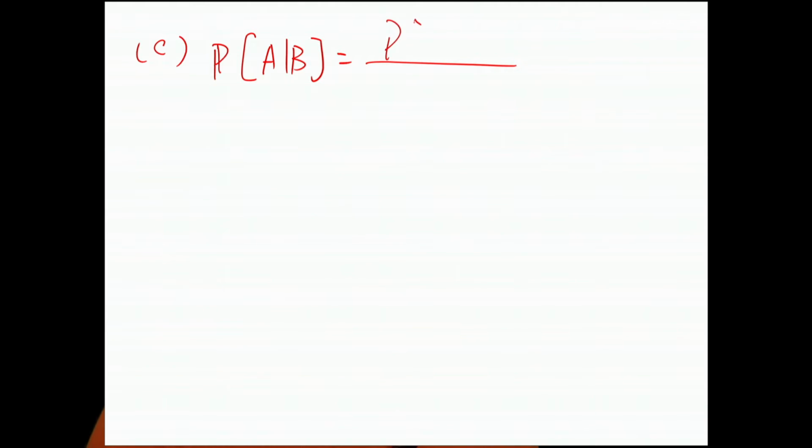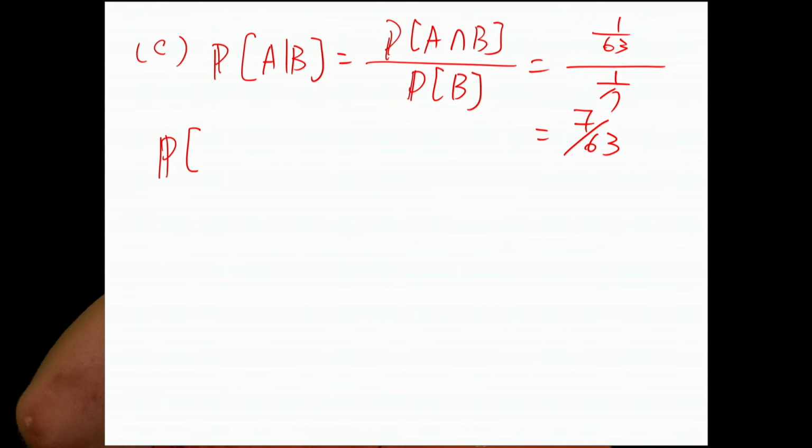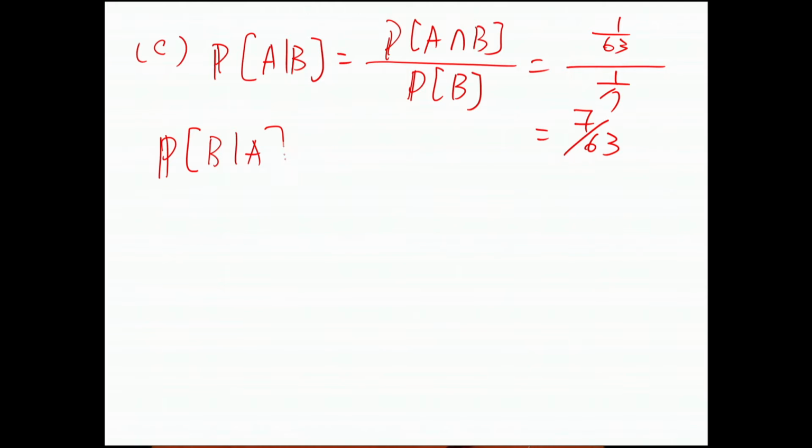The formula is the probability of A intersection B divided by the probability of B. We have those answers, so the final answer is 7 divided by 63. Since we have already found each probability, and the union and the intersection, it is easier to find the answer.